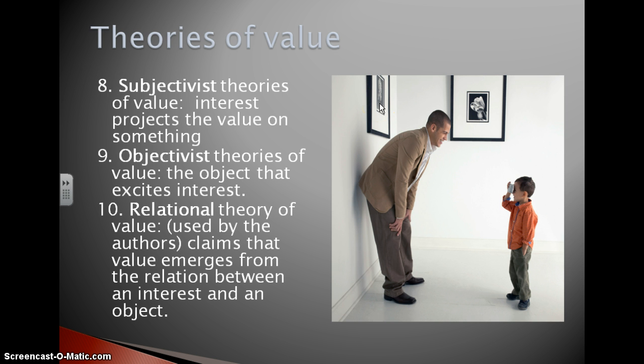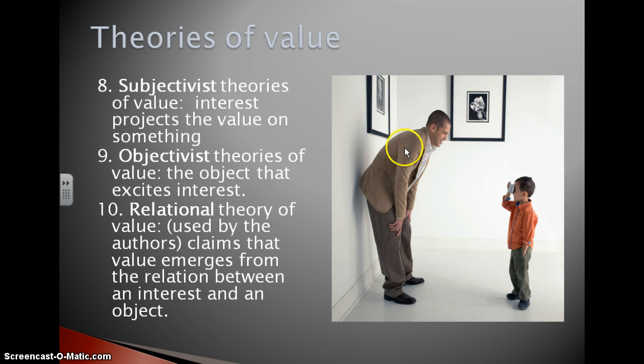While the value is projected, the dad would probably recognize that. The object does not excite this little boy at all. The object of his dad does, but it's because of the relationship. So you would say this is really about the relational theory of value here. You could argue whether this object excites interest and is objectivist, or whether we look at it and project value on it for whatever reason.